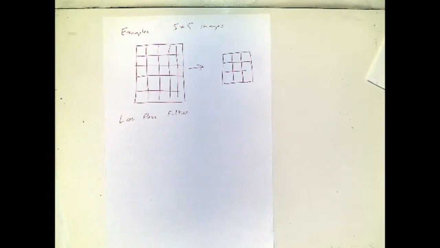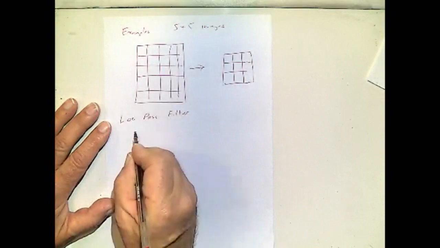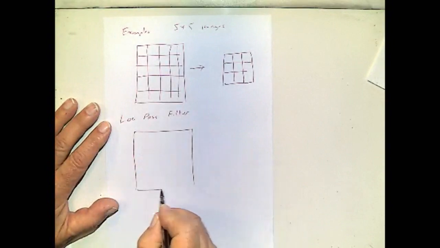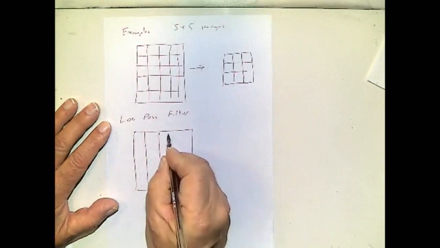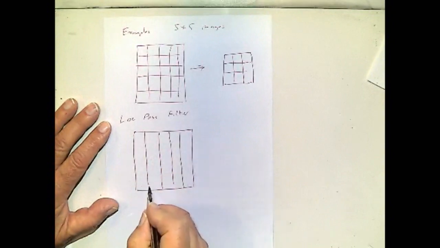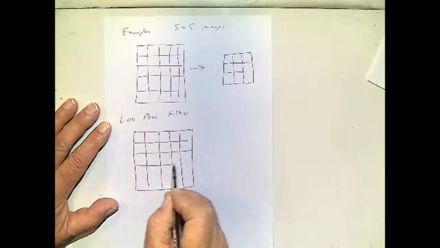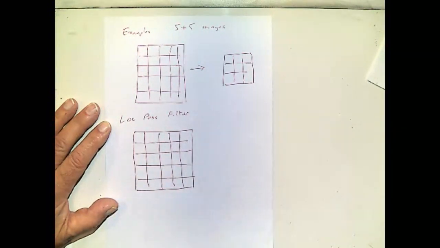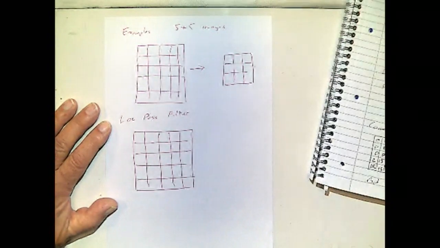Right, so let's take a filtering example. And let's take an image. And let's assume it's been enhanced, so let's keep it simple.